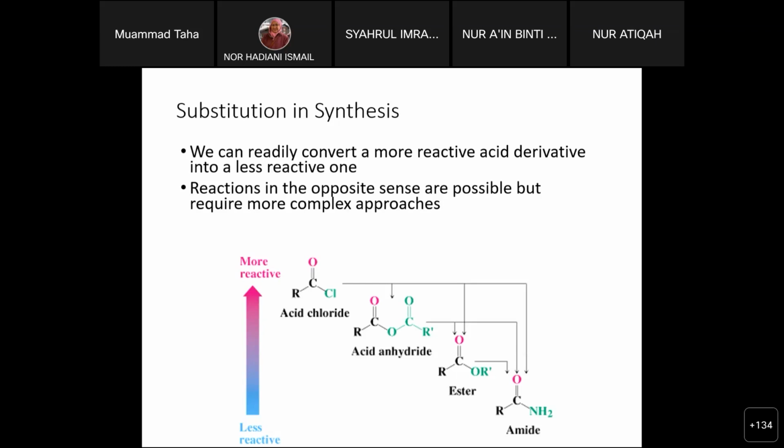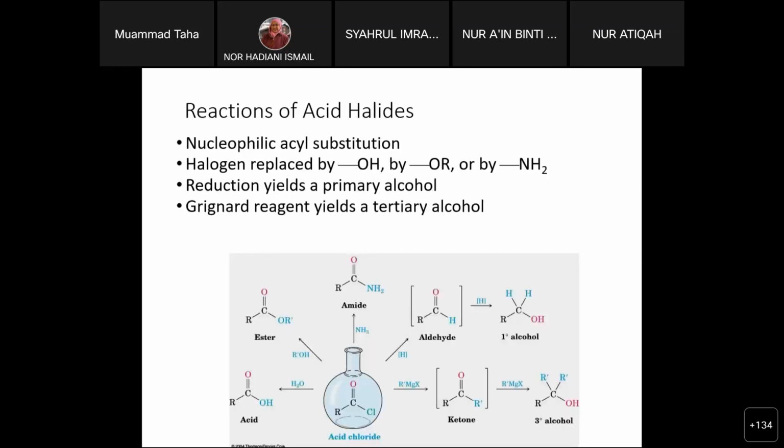Next slide. Reaction of acid chloride: this is an acid chloride. It can be converted into ester by reacting with alcohol. By hydrolysis, it can be converted to the acid.